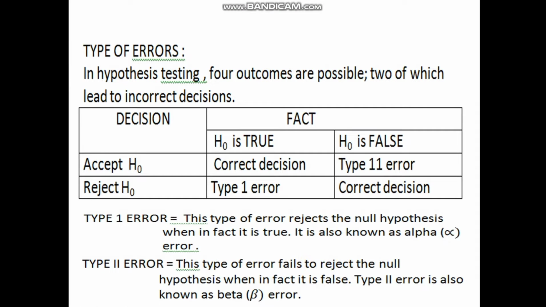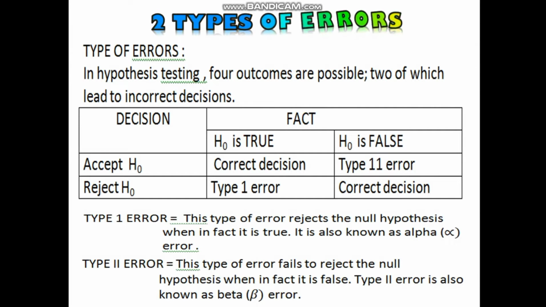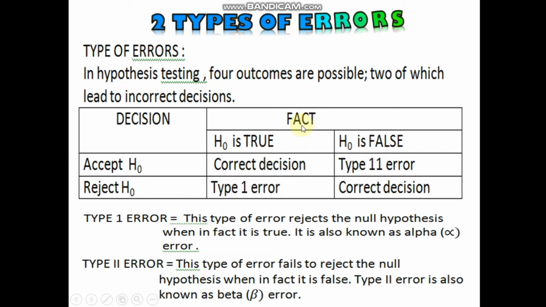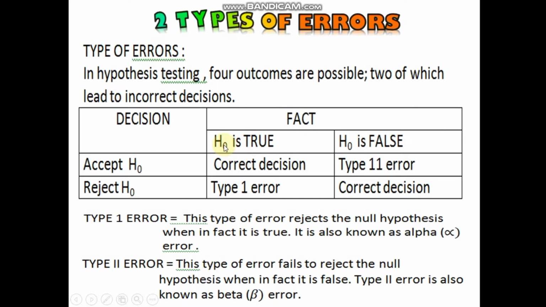So for those types of error, we have type 1 and type 2 error in our hypothesis testing process. We actually have 4 outcomes, which you can see here in the table. I will just explain kung paano ito. So we have the fact here. Ang fact, yung totoo. So ibig sabihin, the null hypothesis here is true and this side here is false.